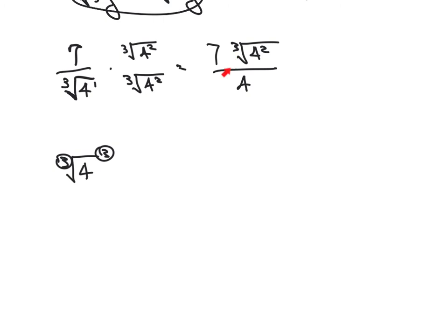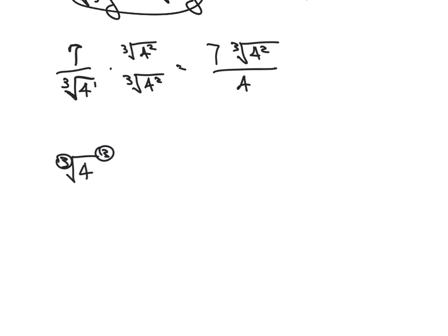All right, so now we're not done yet because we still have kind of a mess up here. And sometimes you're left with that mess, but in this case, I see that this 4 to the squared is actually 16.